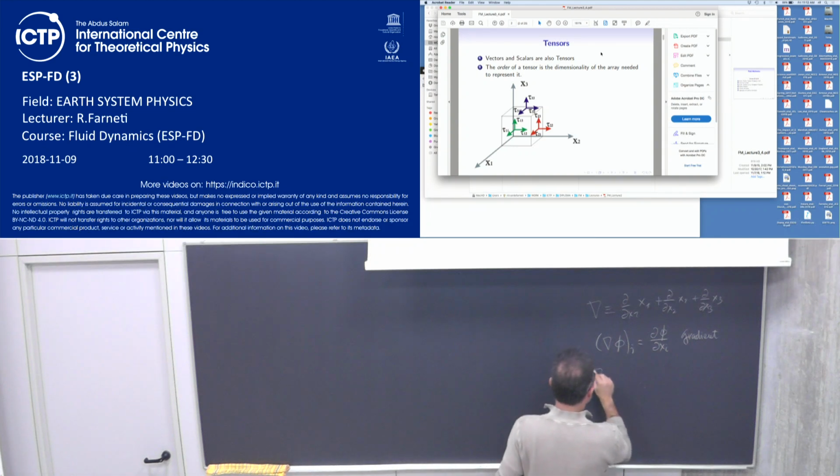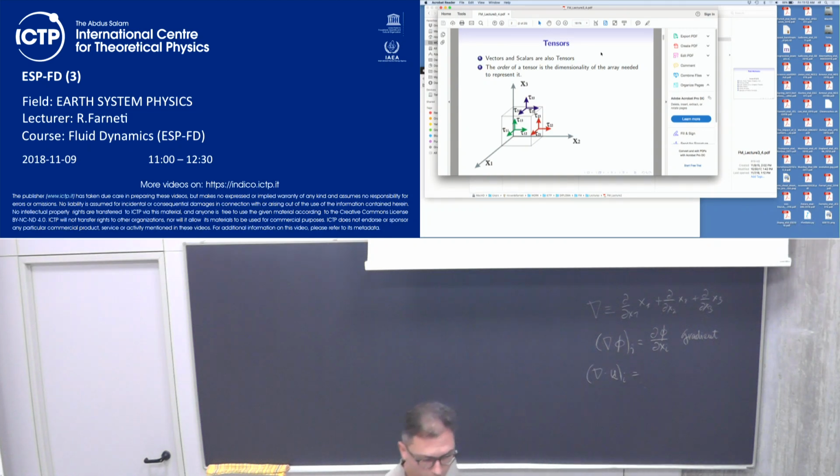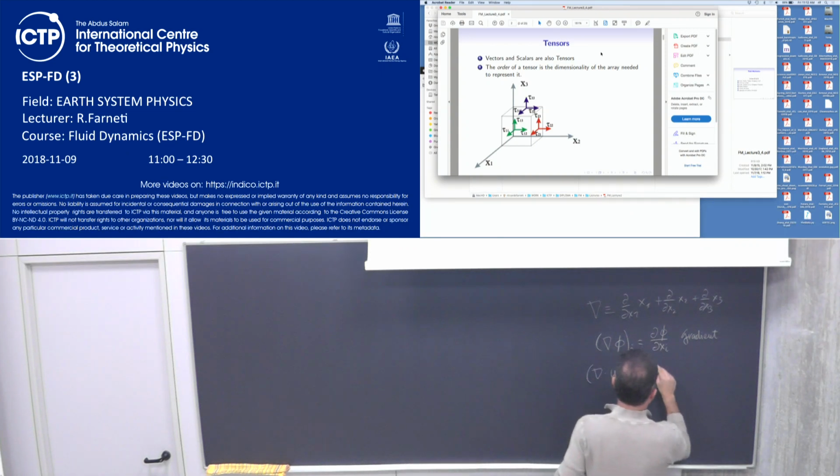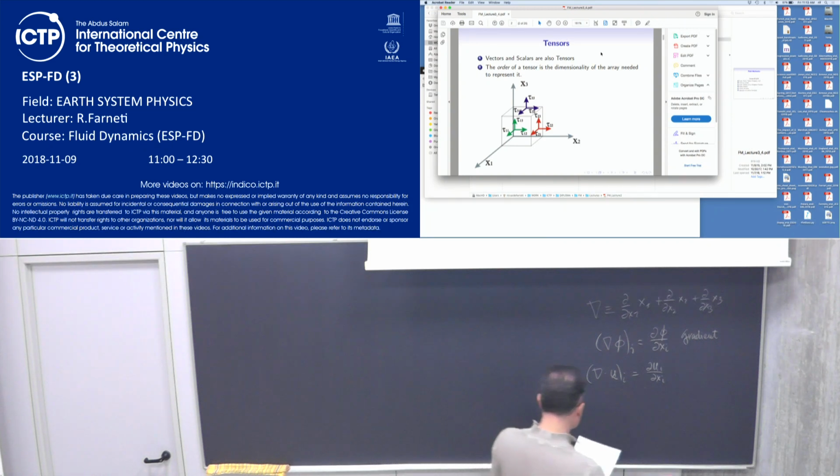The divergence of a vector, for example, your vector velocity, is simply going to be this in tensor notation, right? And you can generalize the gradient of a scalar and the divergence of a vector as a divergence of a second order tensor.